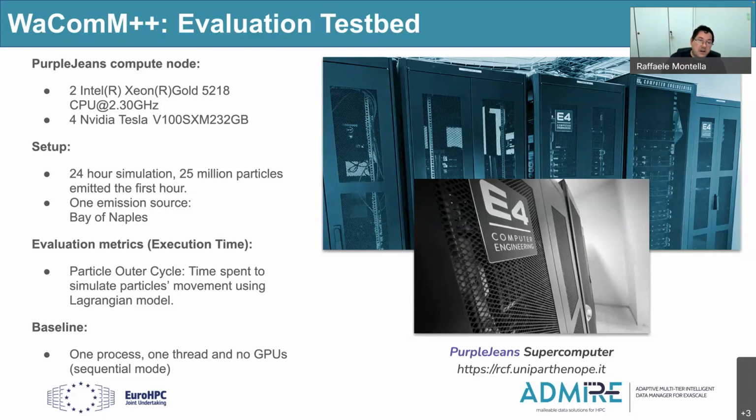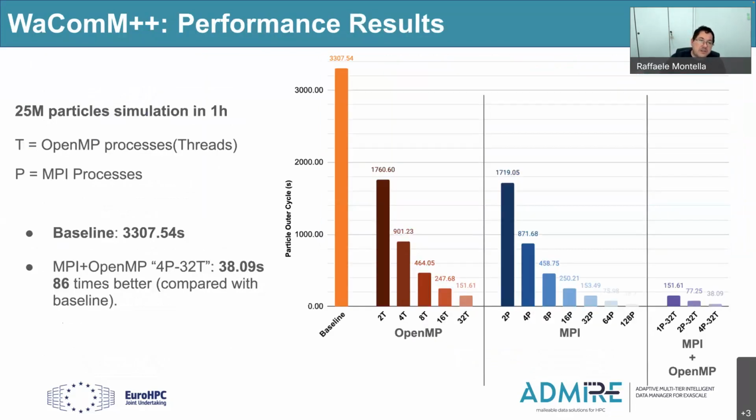Basically, we have only one emission source in the Bay of Naples, and the way emits all the 25 millions of particles at the same time. Our baseline is one process, one thread, and no GPU in full sequential mode. And those are some results.